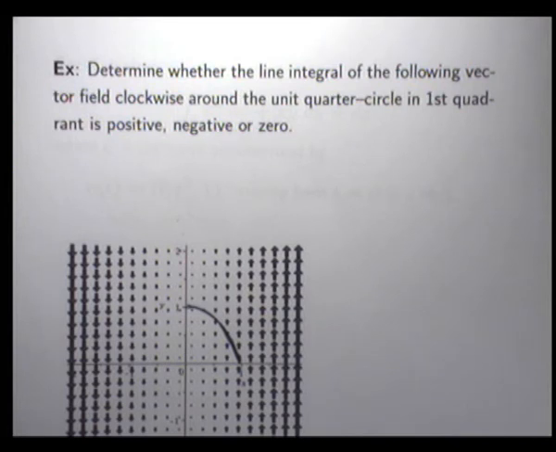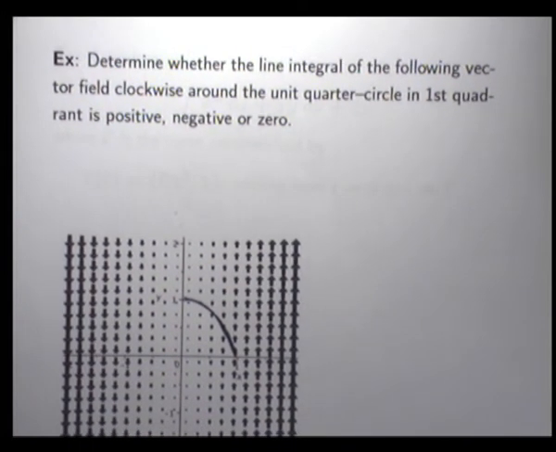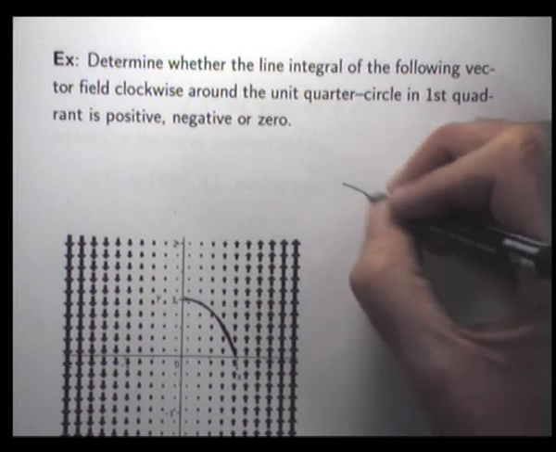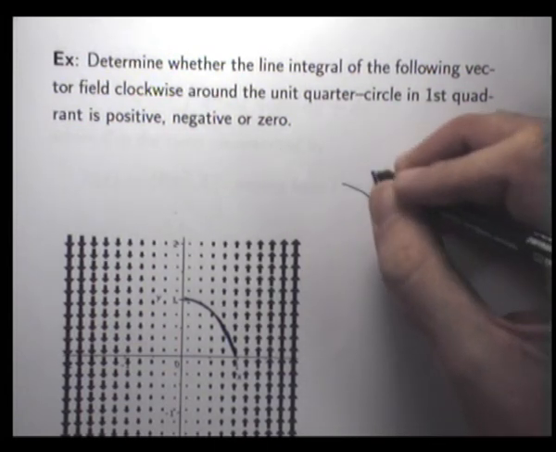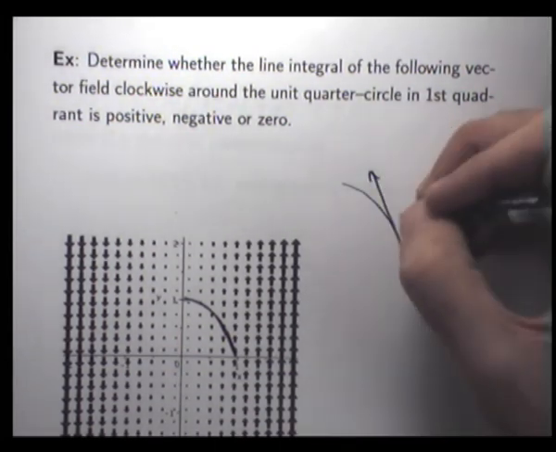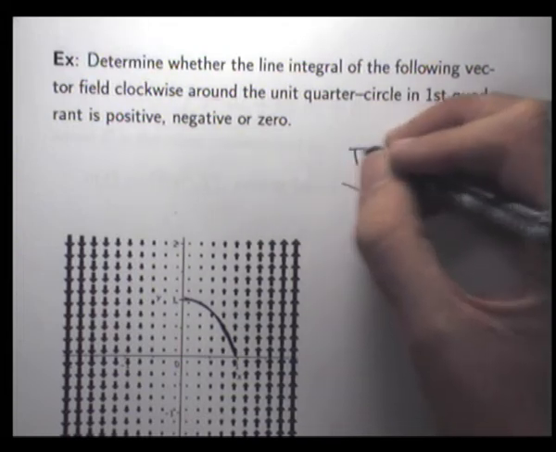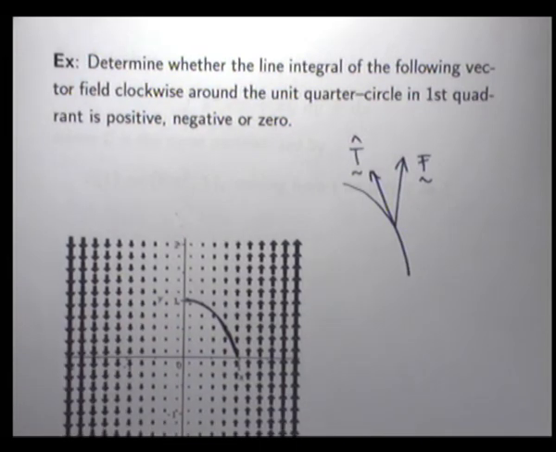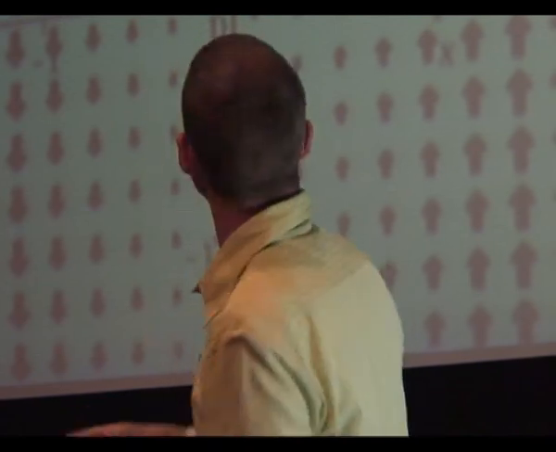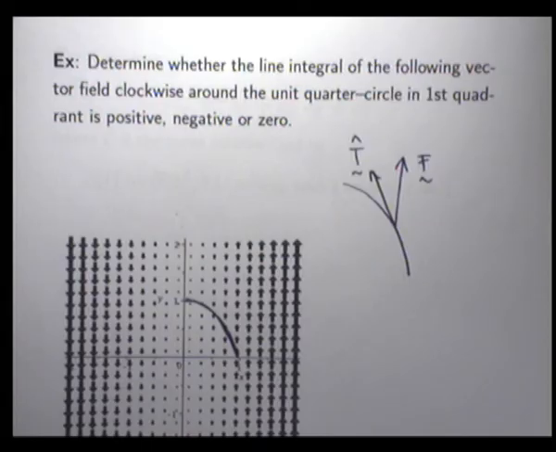Well, it may not be so clear from the picture, but just drawing in part of the arc here, you can see that the angle between the unit tangent vector and F is going to be less than 90 degrees, right?